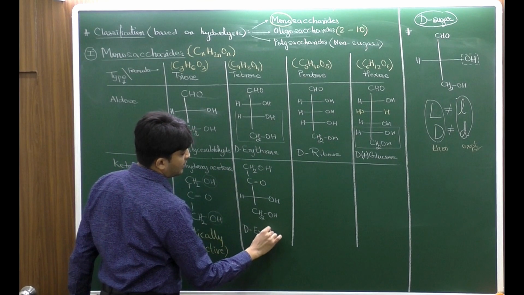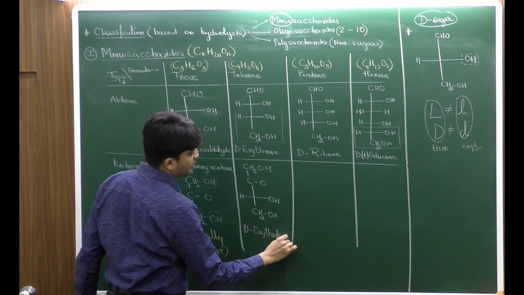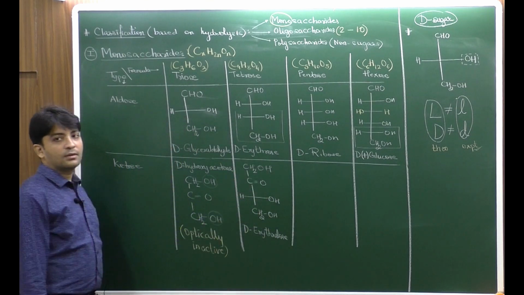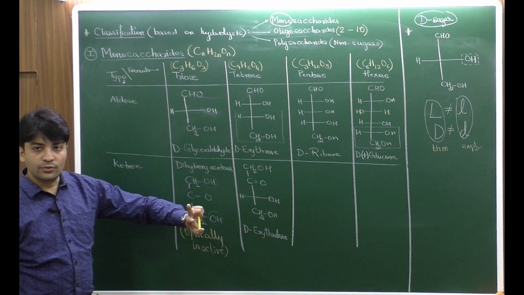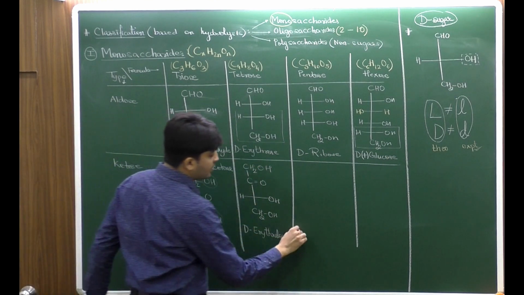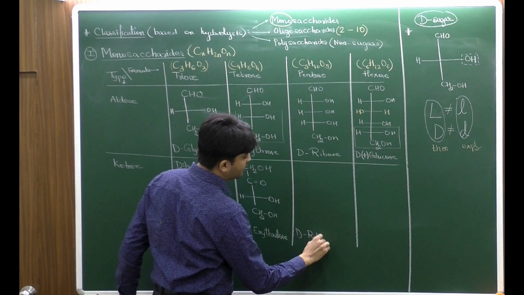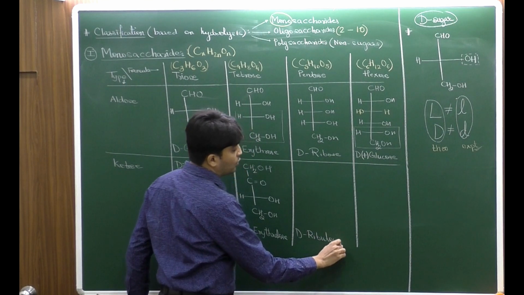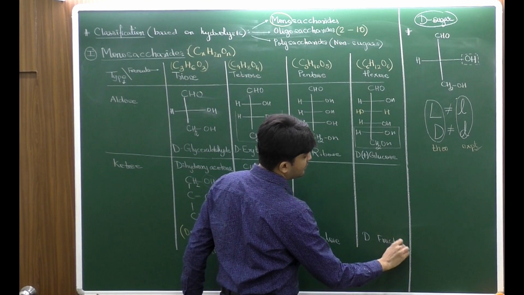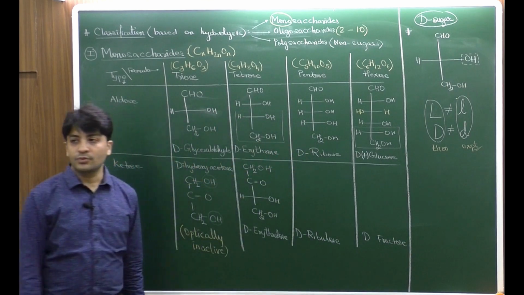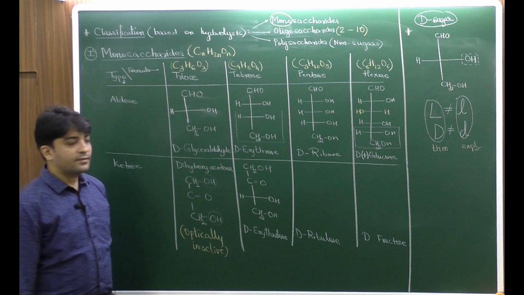Now this ketotetrose is referred to as D-erythrulose. Erythrulose. Now it's related with the aldose only. Erythrose, erythrulose. Opposite ribose we have ribulose. Ribulose. And opposite glucose we have fructose. Structure making is simple.